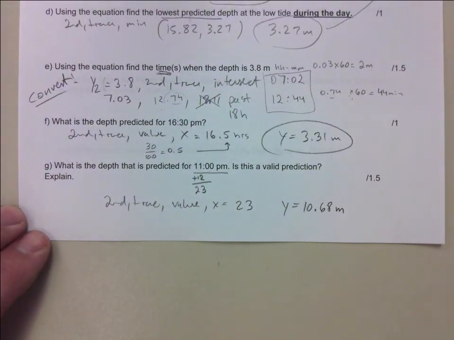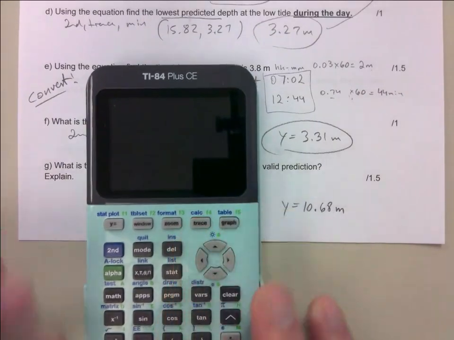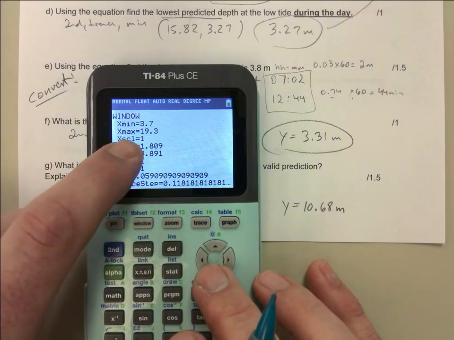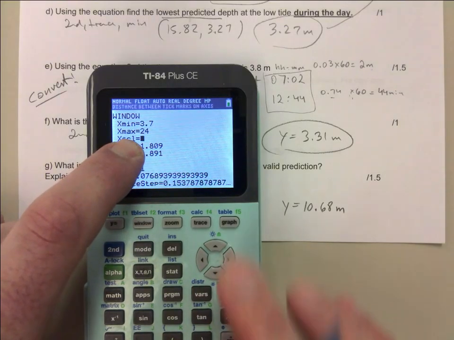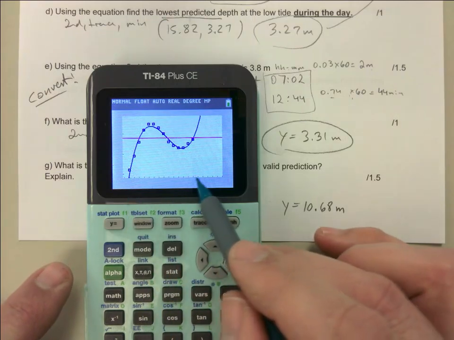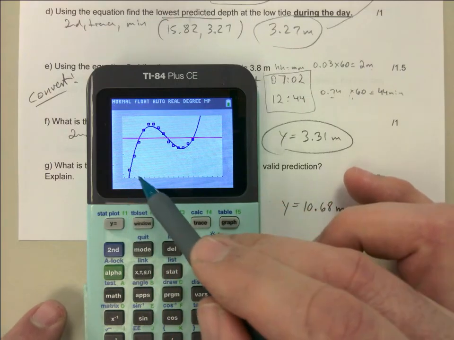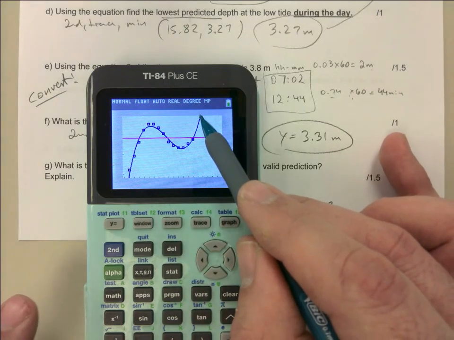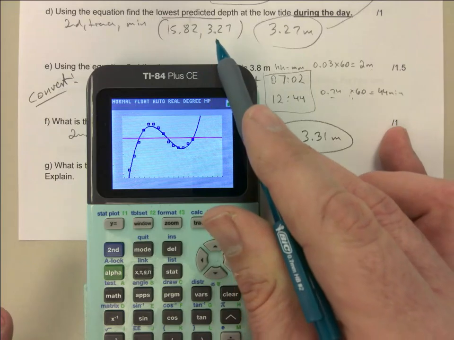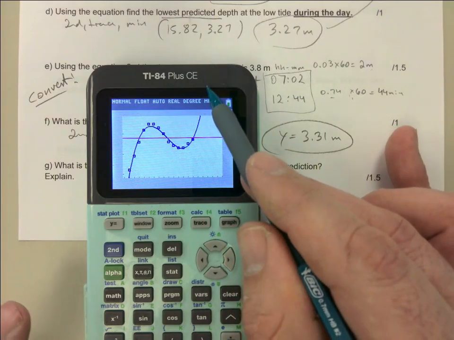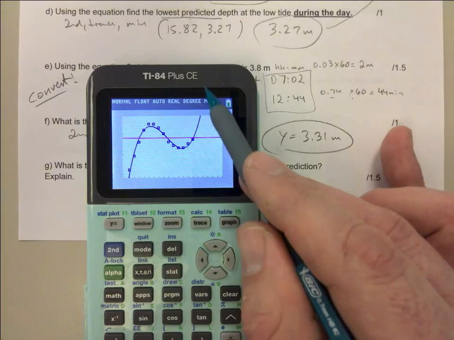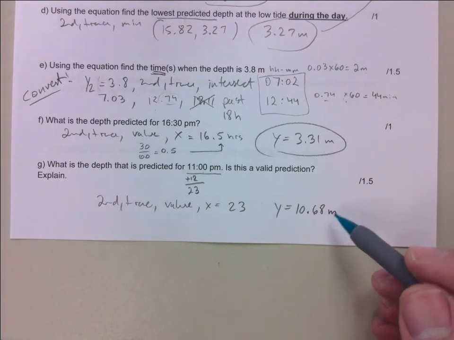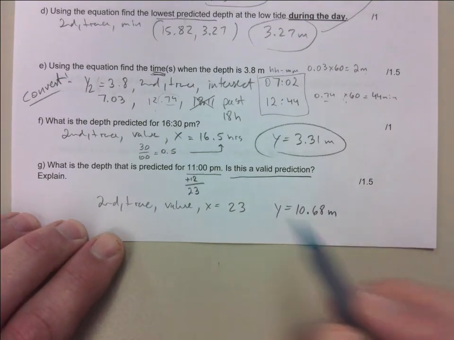And just to give you a bit of, you can't even fit that in your current window. You'd have to change your X max to, let's say, 24, so that you would actually see 23. So you can tell that past the limit that I gave you here, it just keeps on going on indefinitely, right? Technically, our parabola, or not parabola, our cubic function, that's why it's this high. Is this valid?